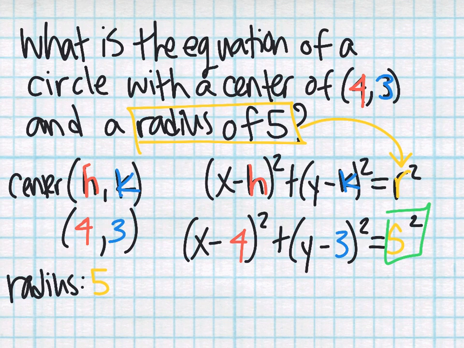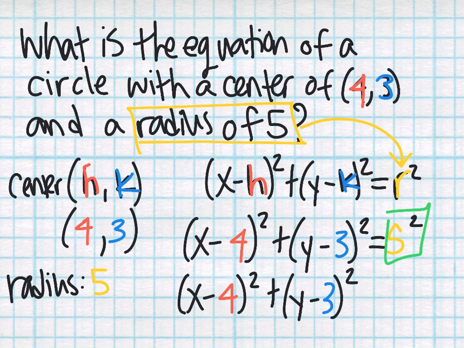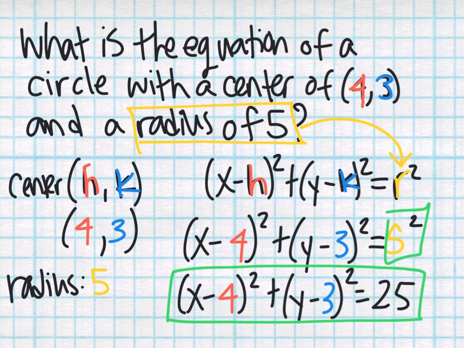So my final form is going to be (x - 4) squared plus (y - 3) squared equals 25. And that is the equation that would help me draw that circle.